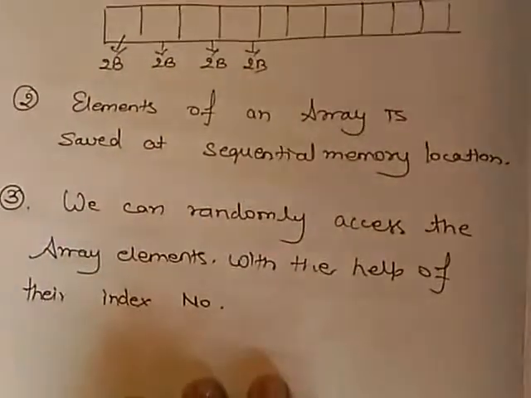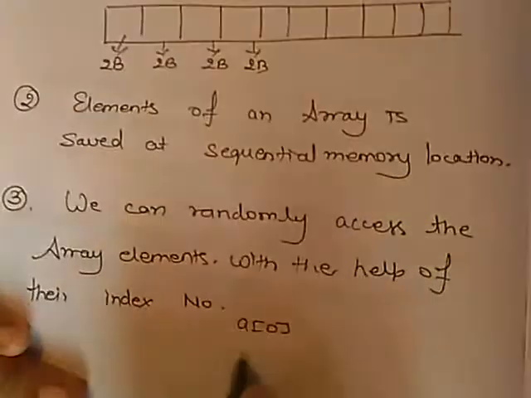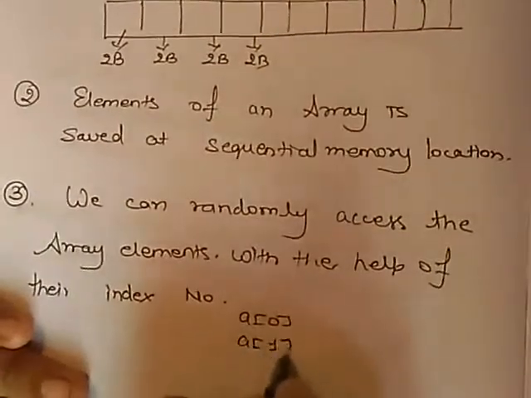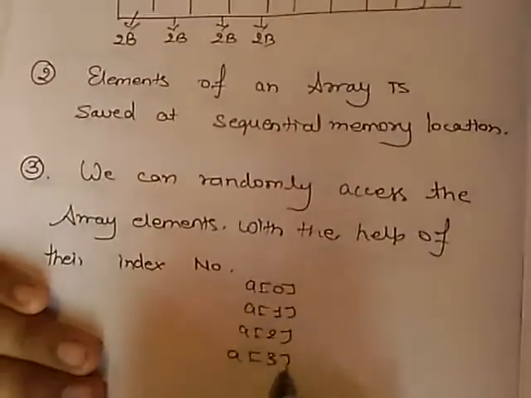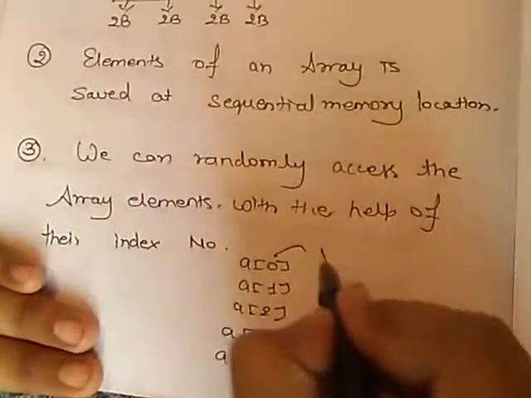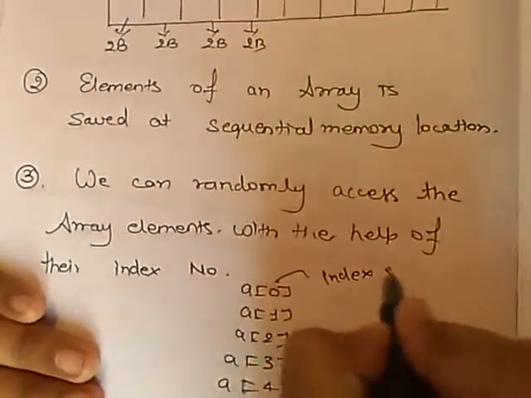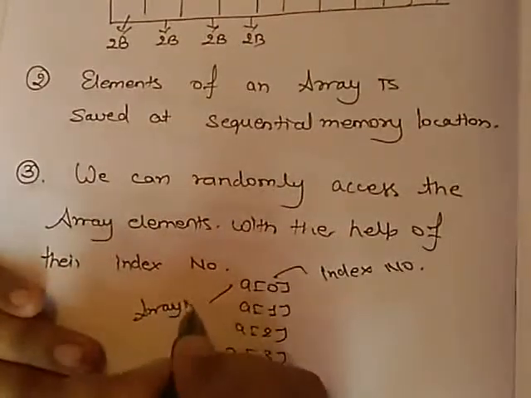As we have previously learned, suppose we have these elements a0, a1, a2, a3 and a4. So this is the index number and this is the array name.